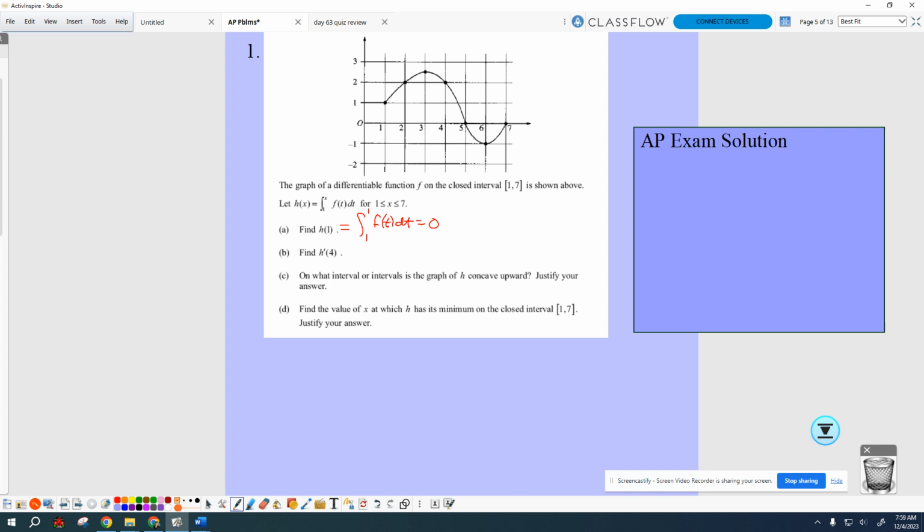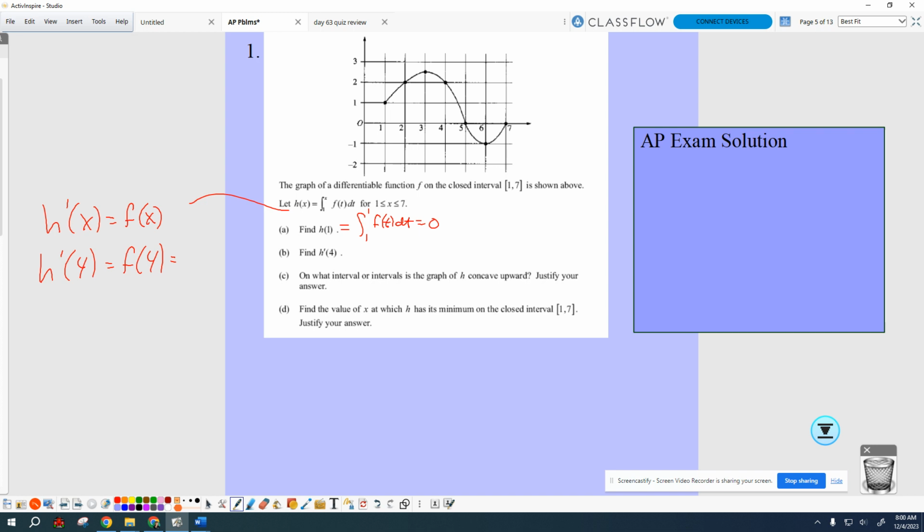Roxana, how did you do part B? First we looked at the derivative of the antiderivative is just what's inside, so f of t. And then we just looked at the graph and got 2, and then multiplied by the derivative and got 0. Okay.